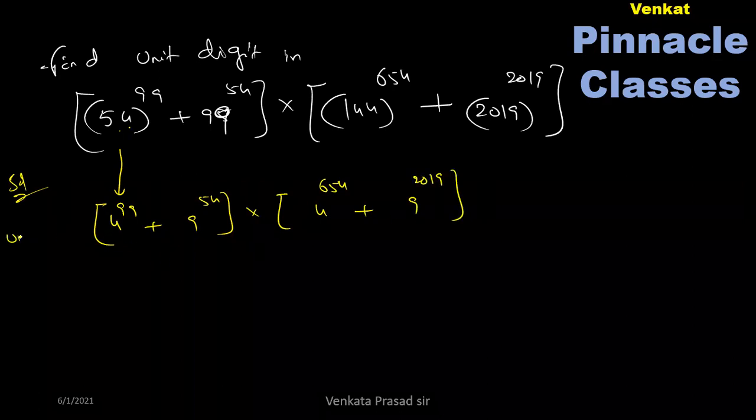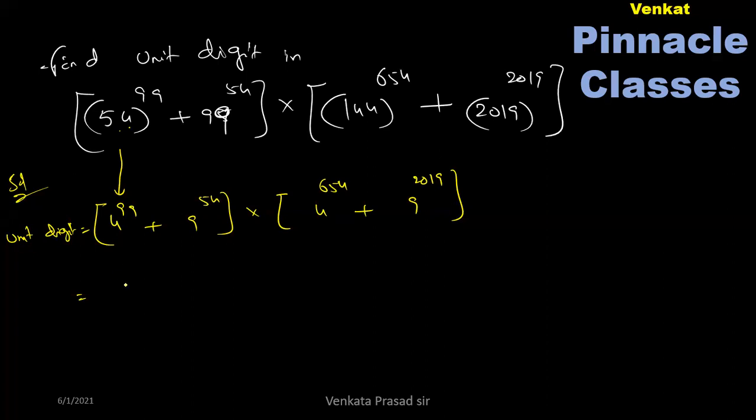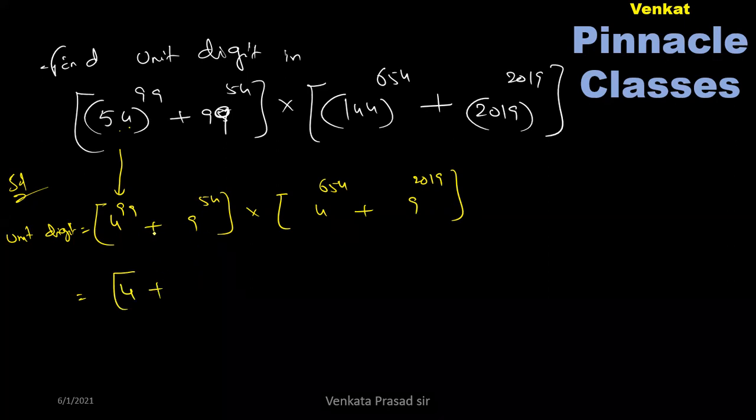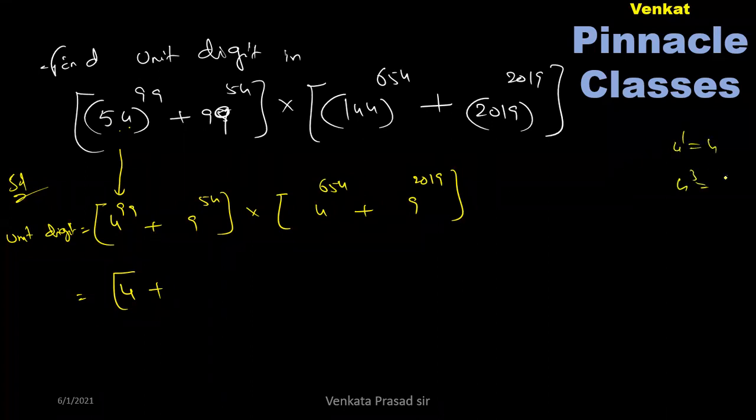The value is not the same, but the unit digit is the same. 4 to an odd number gives 4. 9 to an even number gives 1. 4 to an even number gives 6, and 9 to an odd number gives 9.